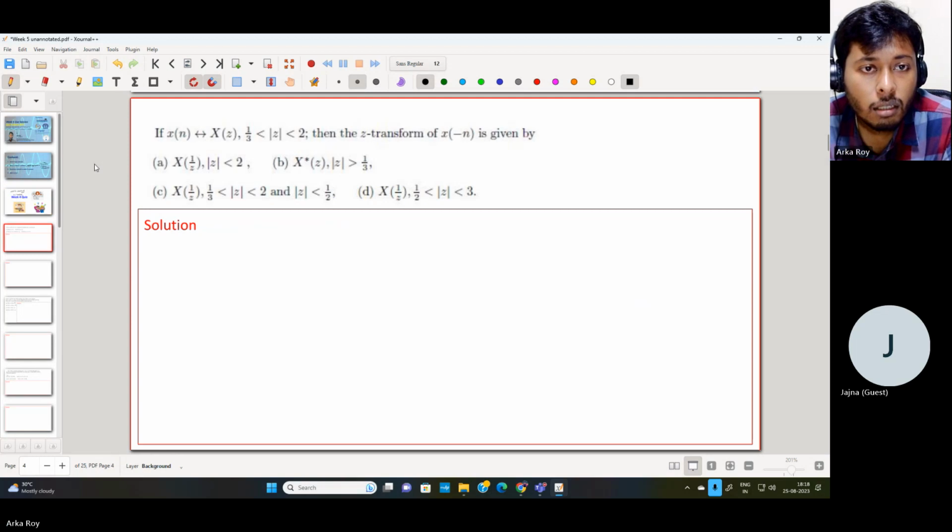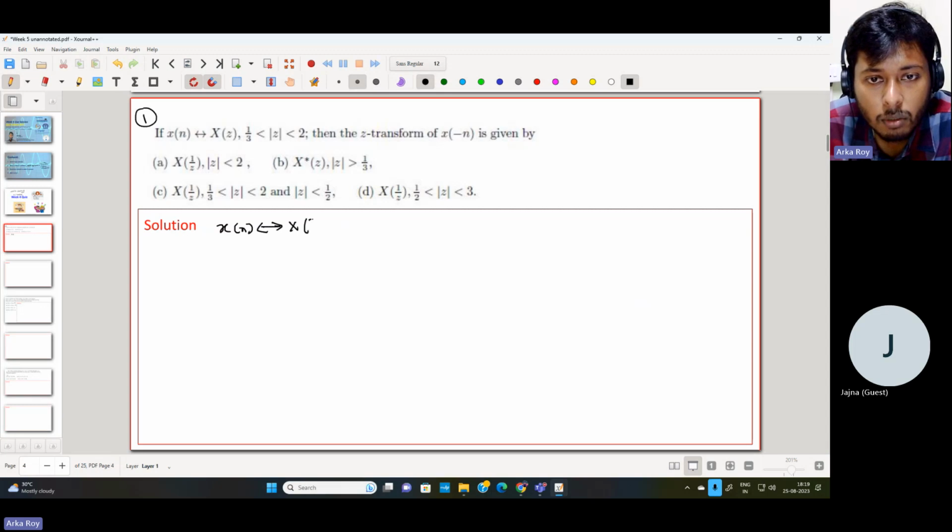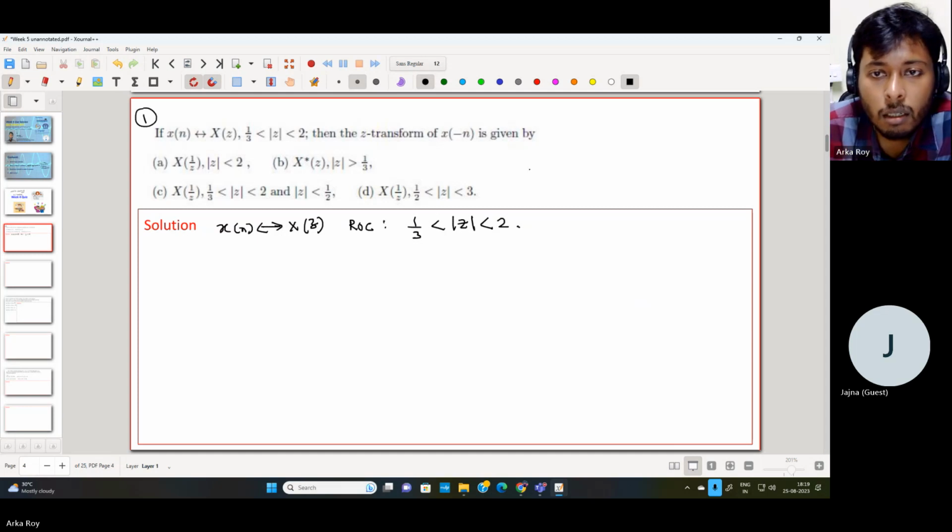This is question number 1 of week 4, which states that we are given an input sequence x[n], which has a Z transform of X(z), and the corresponding ROC is given as 1/3 < |z| < 2.